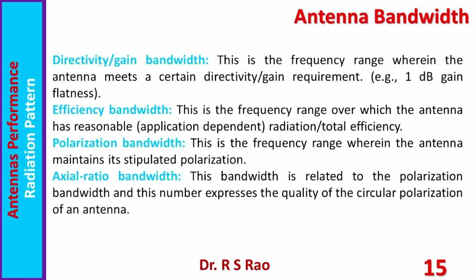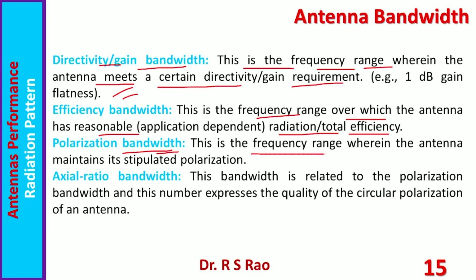Now, directivity and gain bandwidth. This is the frequency range wherein the antenna meets a certain directivity or gain requirement, for example, 1 dB gain flatness. Efficiency bandwidth is the frequency range over which the antenna has reasonable, application-dependent radiation or total efficiency.